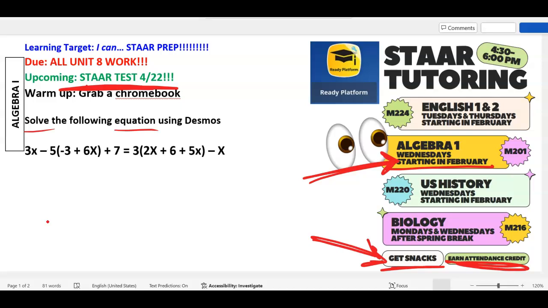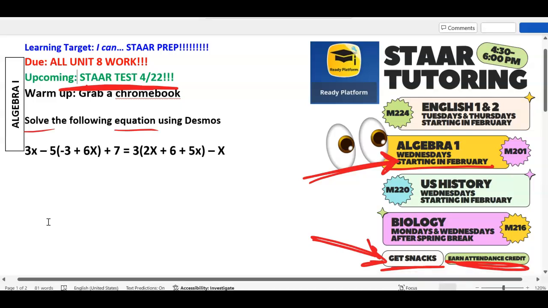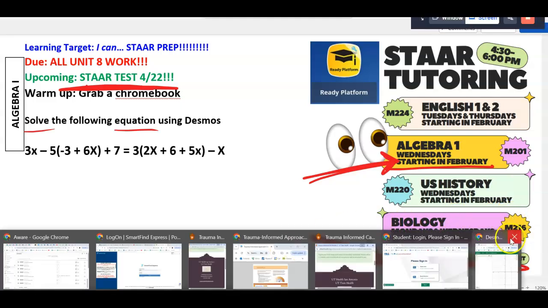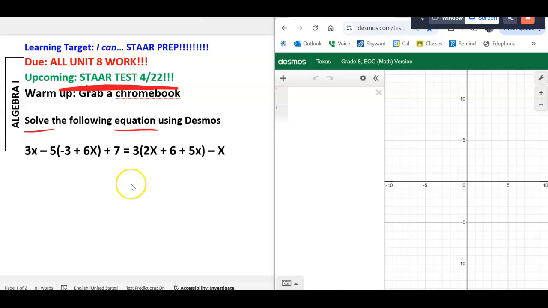Now, how do you solve an equation with one variable, one letter? How do you do that in Desmos? Okay, y'all remember doing that earlier this year because we definitely did it. Okay, you could do it by hand. It would be a bunch of steps, but we are going to memorize how to type this into Desmos. Okay, so here's the dealio.